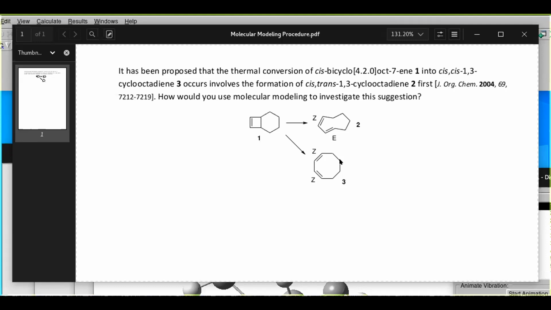Those may be doing organic chemistry or organic synthesis. So just think of this as an idea of how you can explore and how you can study things from a theoretical perspective.